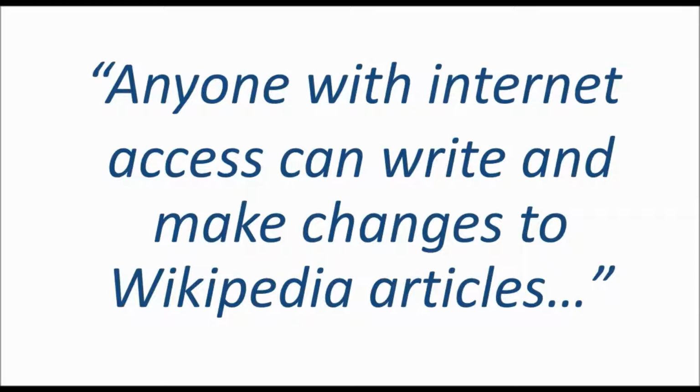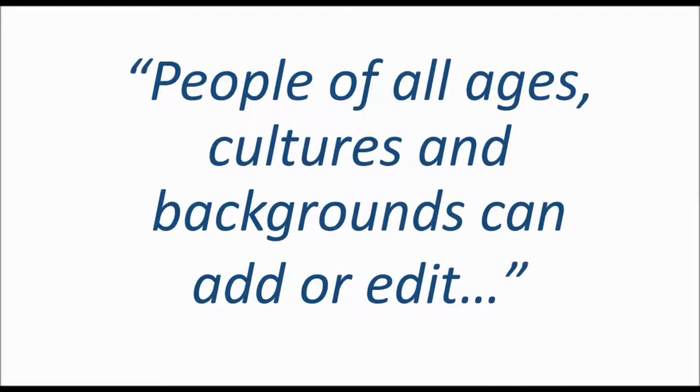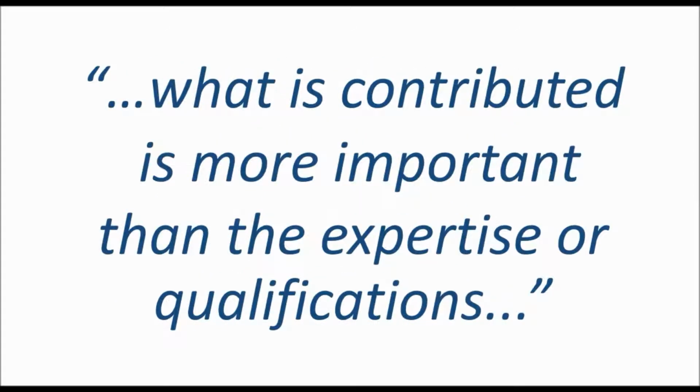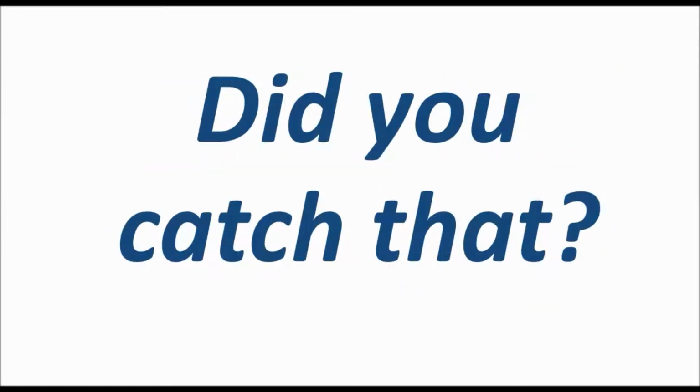Wikipedia itself says anyone with internet access can write and make changes to Wikipedia articles, and people of all ages, cultures, and backgrounds can add or edit information on Wikipedia. In fact, they go further and say that what is contributed to Wikipedia is more important than the expertise or qualifications of the contributors. Wow, it sounds like a great place for people all around the world to share information.